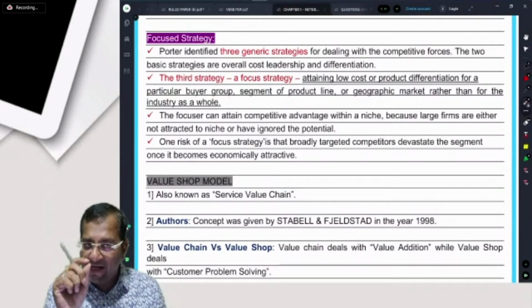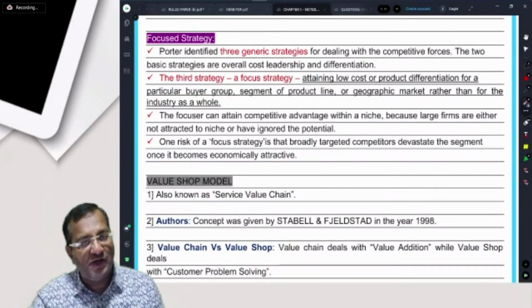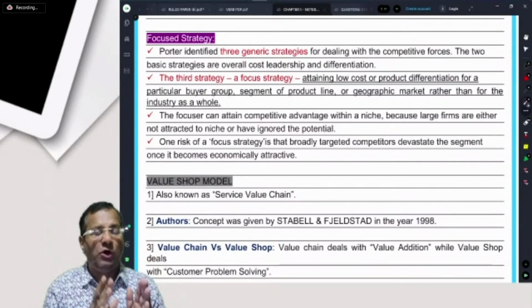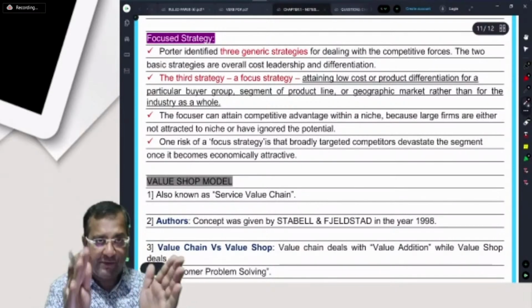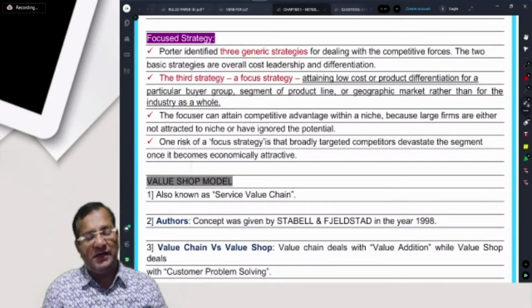I am working for a particular buyer group, although I have the ability to provide consultancy services to individuals or the trust. No, but I confine myself only and only to the corporate world. So this is known as focused strategy. Segment of product line. There are different areas.